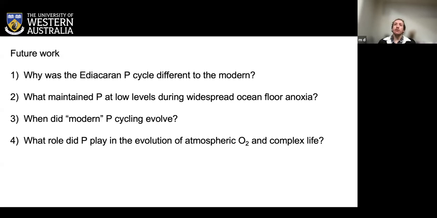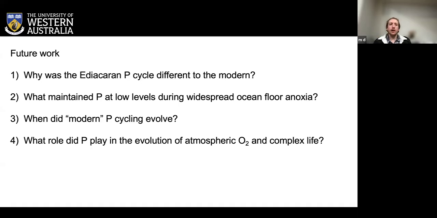So, in theory, you could have an ocean that's chock full of phosphorus, but never form any phosphorites if it's all anoxic, right? So there's a little bit of an interplay of redox conditions in the formation of phosphorites.